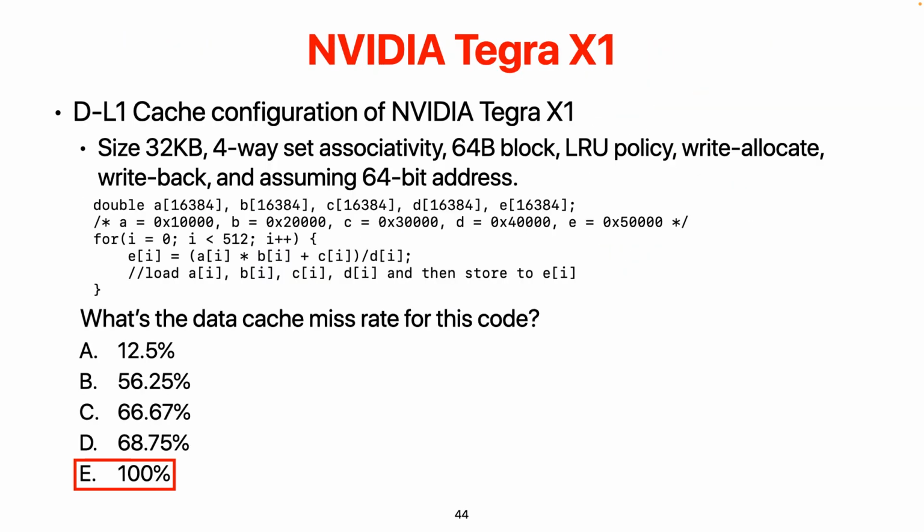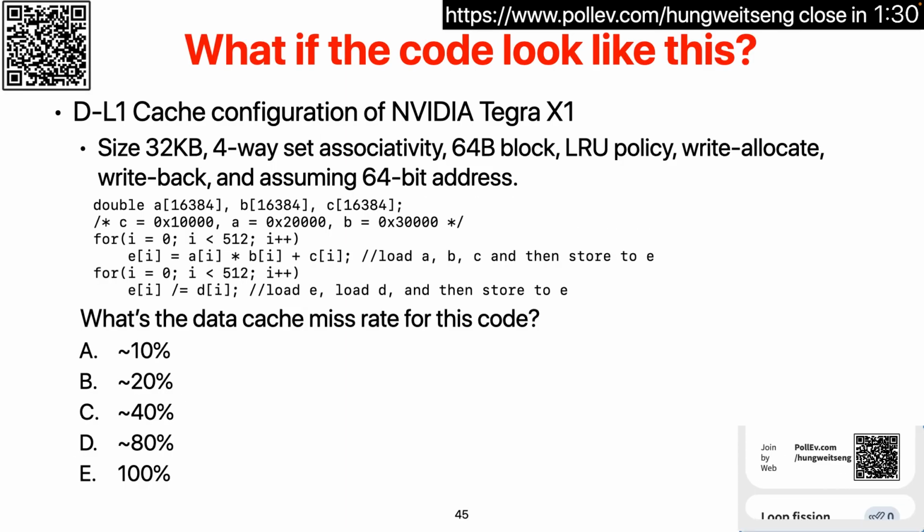But okay, now the second question. We see these pieces of code, and I do want to implement this algorithm on an NVIDIA processor. However, if the code performance is like this, how can I deal with that? Now let me give you an option. How can I change the cache? If I do this, what's the new cache miss rate?